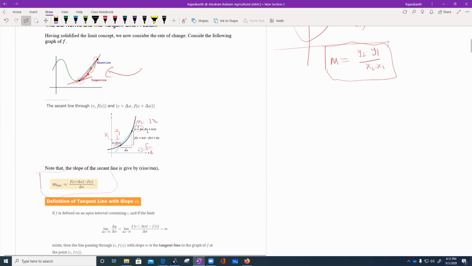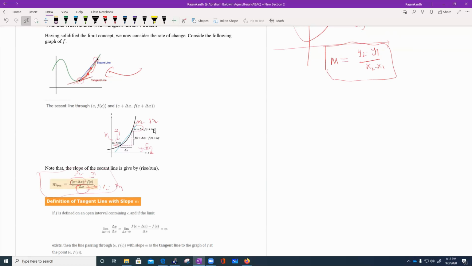So how do you find the slope? Like earlier, simply y2 minus y1 over x2 minus x1. This is our y2, this is y1, and this is going to be x2 minus x1. Why?